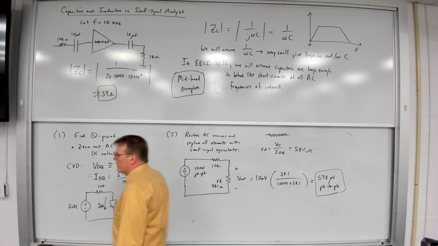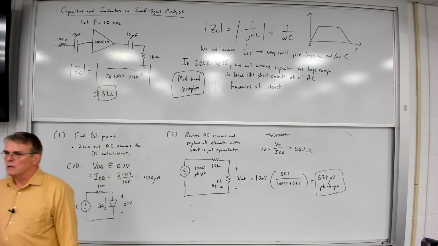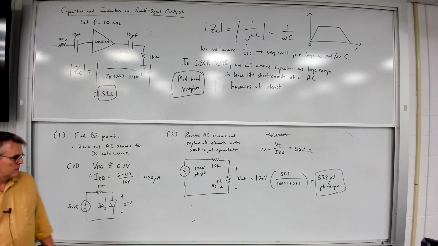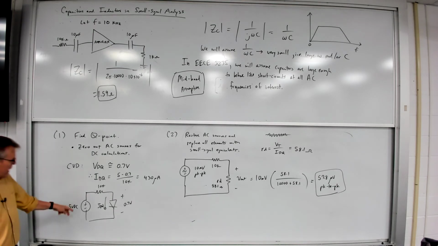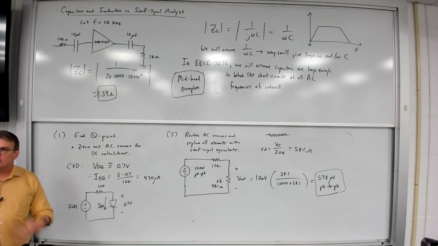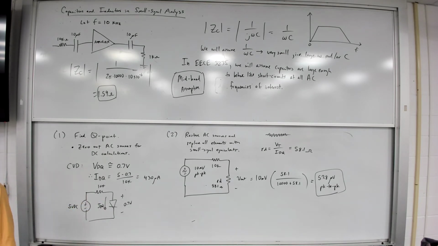Before we go any further, I also want to talk a little bit about biasing and our choice of biasing. Okay? As we've already seen, we have to have some type of DC source to bias up a circuit, to turn on the elements in the circuit. But can it be any DC source? Can it be any value? Well, no, not really.